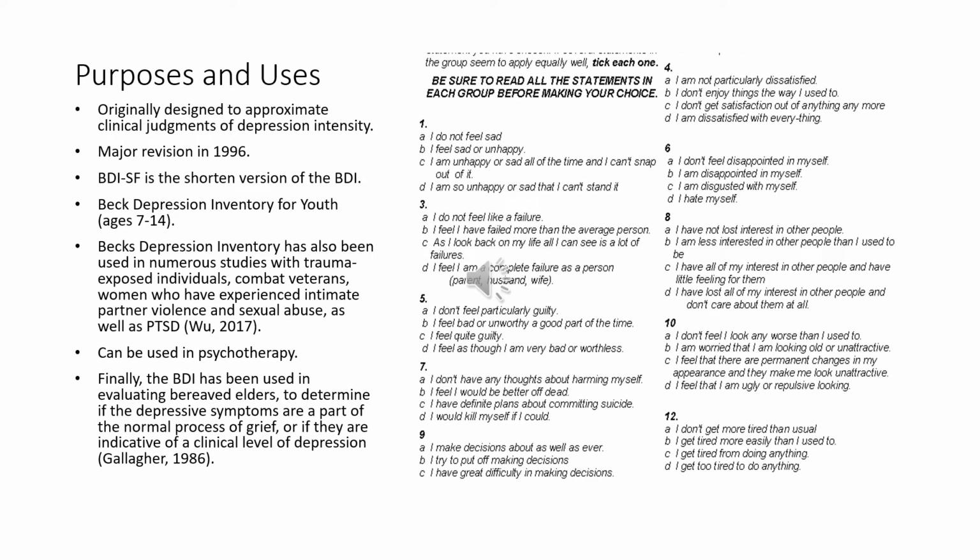When used in adolescents, the population age range is usually 12 to 17. According to the National Child Traumatic Stress Network, the BDI-2 is designed to assess state-related depression and could be used as a quick weekly screener prior to therapy sessions. Finally, the BDI has been used in evaluating bereaved elders to determine if the depressive symptoms are part of the normal process of grief, or if they are indicative of a clinical level of depression.